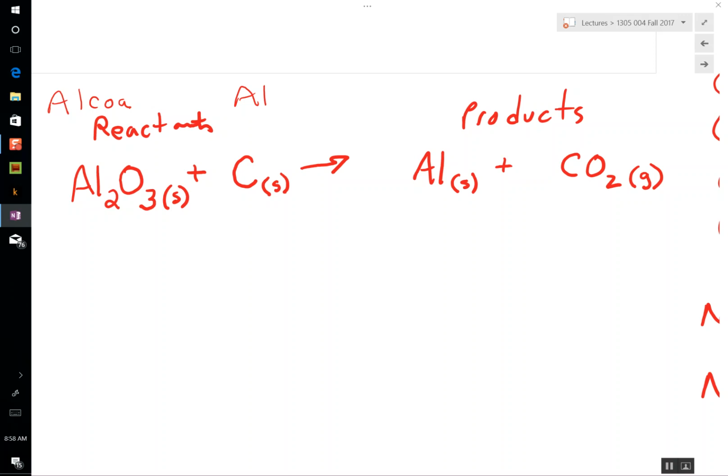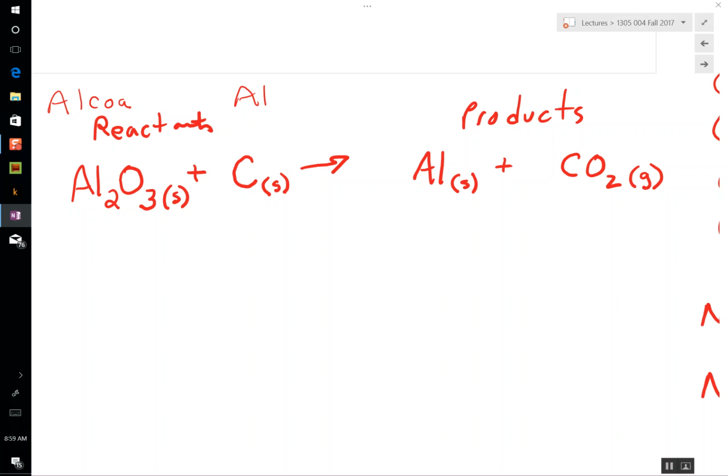Okay, so now balancing it, there'd be a couple ways to look at this. I could put a 2 right there, and that would balance my aluminum, but my oxygen is still out of whack, right? An equation like this, I'm going to attack the oxygen first. Now, let me tell you one thing you can't do. You cannot change these formulas. I mean, if I said, oh, well, maybe it's CO3, okay?